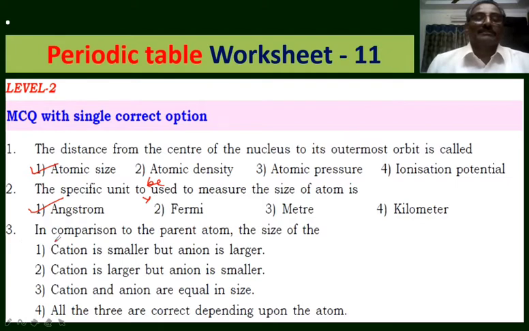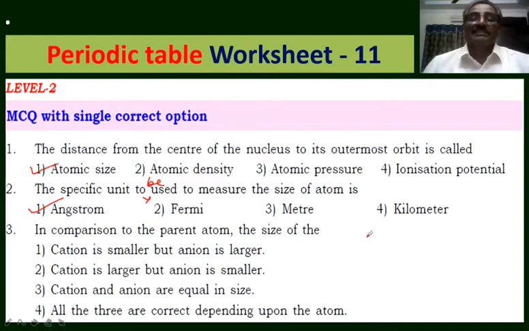Next, third question. In comparison to the parent atom, the size of the cation is smaller but anion is larger. Cation is larger but anion is smaller. Cation and anion are equal in size. All the three are correct depending upon the atom.